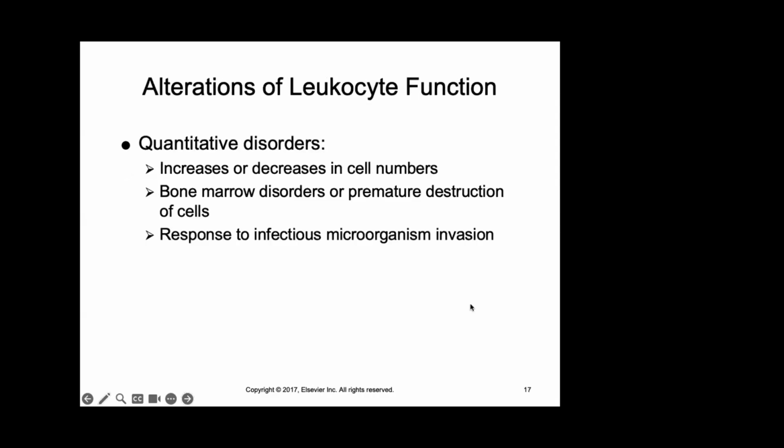Alterations of leukocyte function or quantitative disorders, increases or decreases in cell number, include bone marrow disorders or premature destruction of cells and response to an infectious microbe getting into the marrow as well.